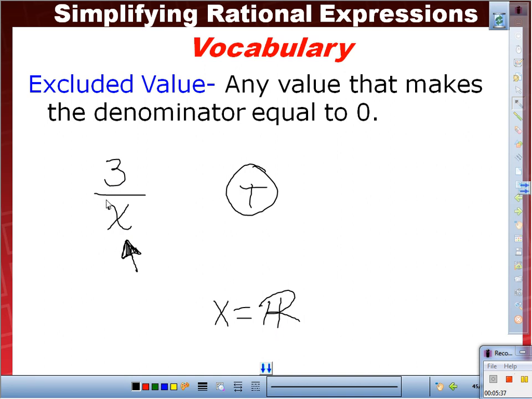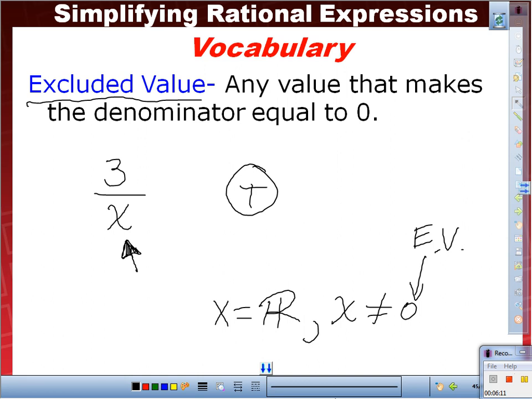All positives, yes, we will end up with a positive fraction. However, which is the only number we cannot substitute in there? 0, because the denominator cannot be 0, so we would show it like this. x cannot be 0. 0 is what we call what? The excluded value.